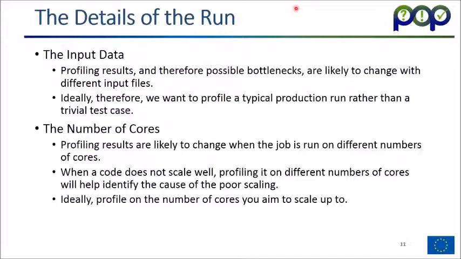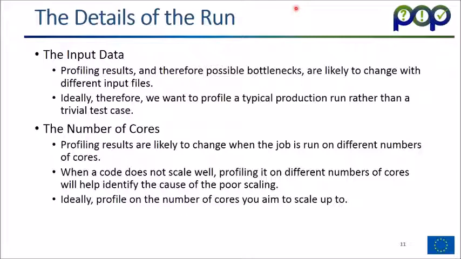And in terms of the number of cores you run on, in a similar way to input data, the detailed profiling results are likely to change when you run your job on different numbers of cores. This can be useful in the sense of the next bullet point here. So if your code isn't scaling well, you can profile it on different numbers of cores to identify the cause of poor scaling.